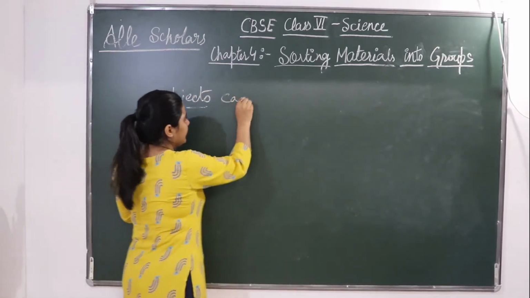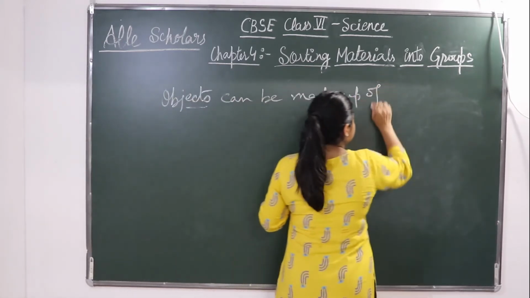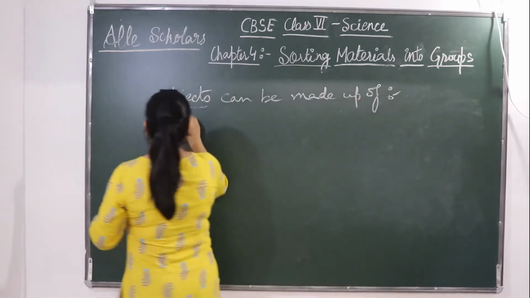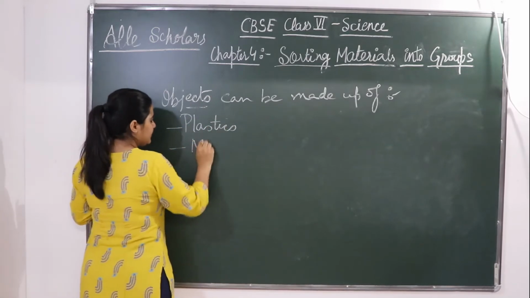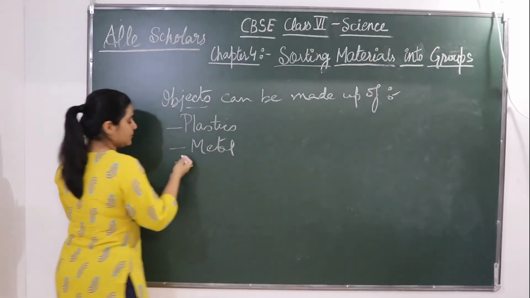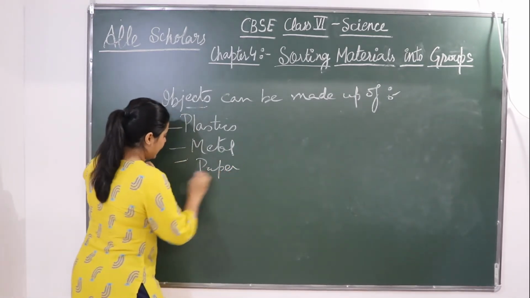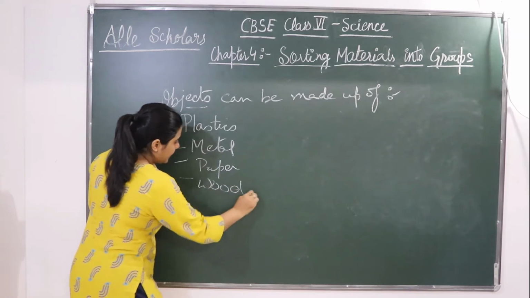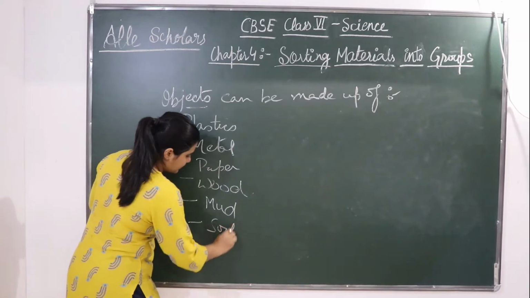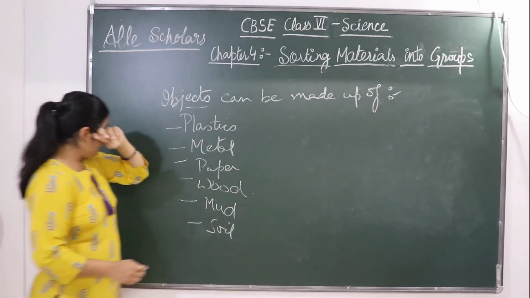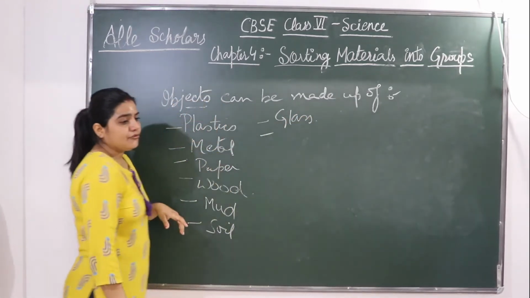Objects can be made up of plastics or any metal, copper or aluminum or some other metal, or it can be made of paper, wood, mud, or soil, or glass, fine.